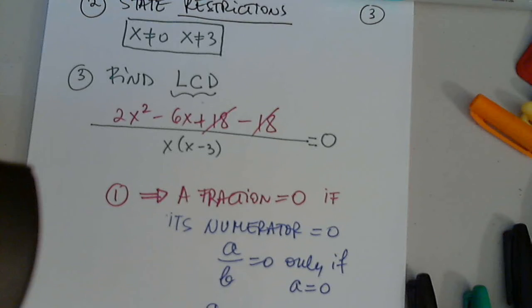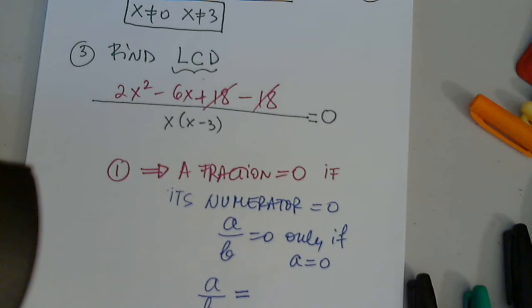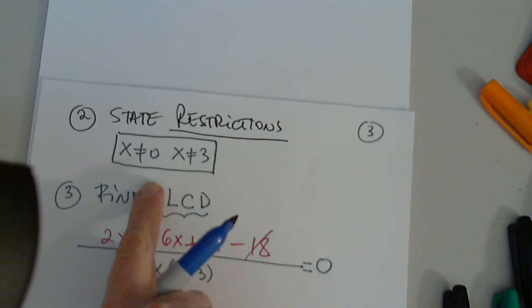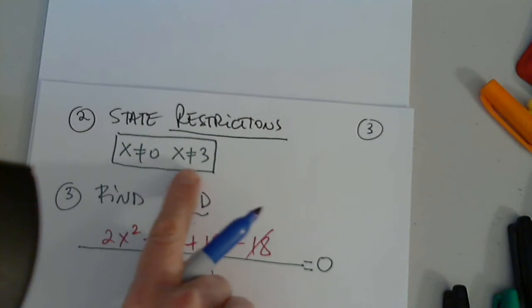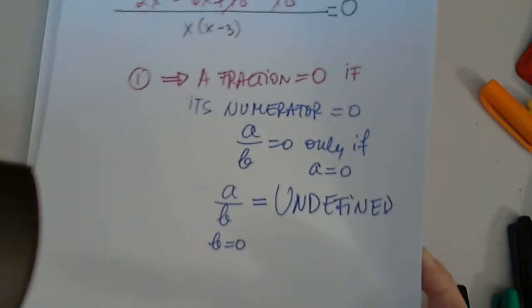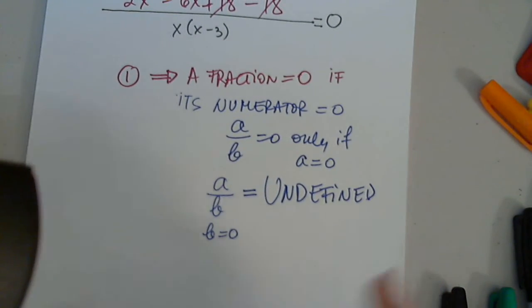What is this fraction called? It's undefined. Very good. Undefined. That's the reason why we stated these restrictions. Because if x is 0 or x is 3, fractions will be undefined, and we don't have an equation to solve. Second possibility is a proportion.